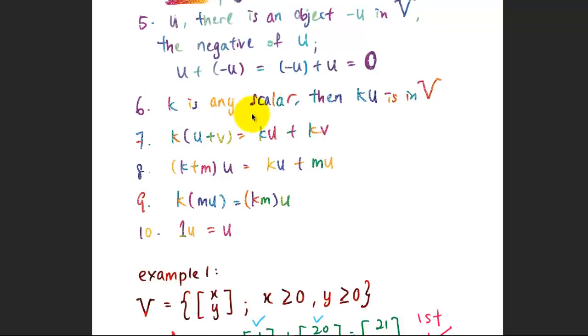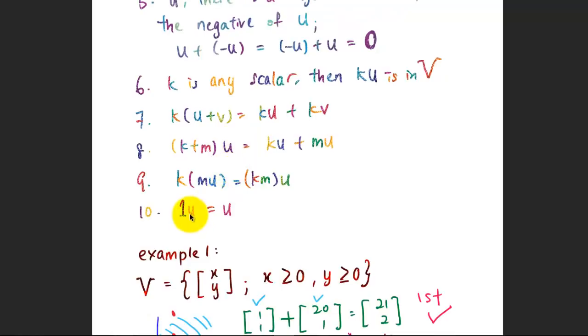When you multiply a scalar with any member of the collection of objects, the new member should still be within the collection of objects. And the 7th, 8th, and 9th are similar scalar multiplication axioms, just with the sequence adjusted.